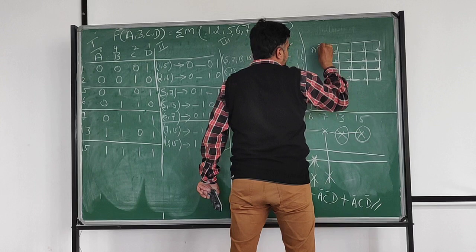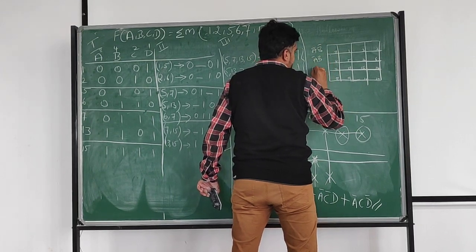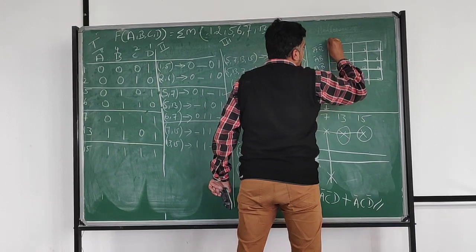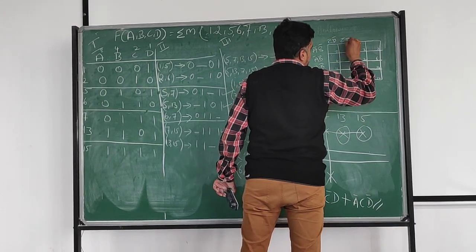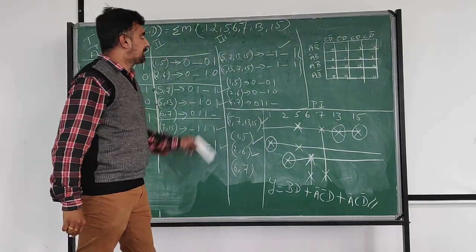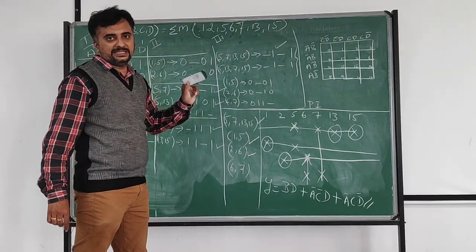A bar B bar, A bar B, AB, AB bar, C bar D bar, C bar D, CD, CD bar. Clear?